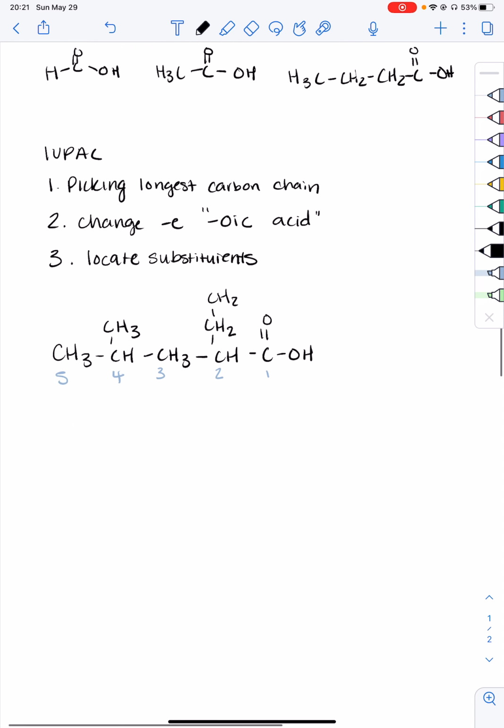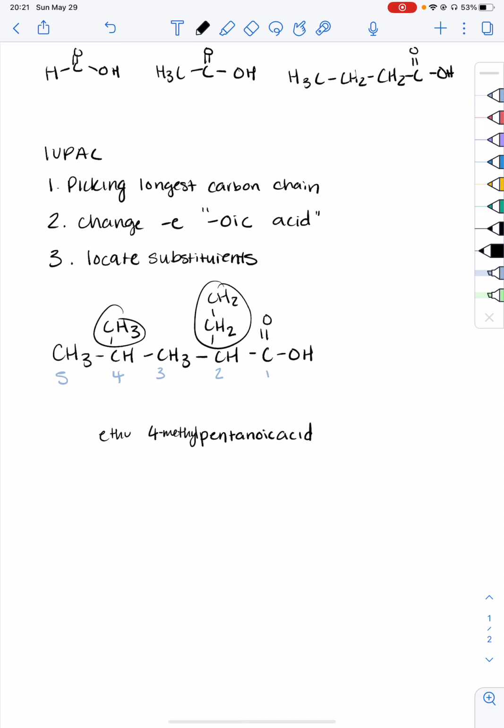So we're going to get the name pentanoic acid. There's a methyl group right here, so we know that's going to be 4-methyl, and an ethyl, 2-ethyl pentanoic acid. And that's how you can go about it.